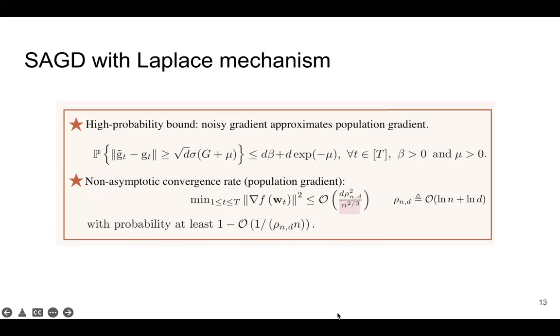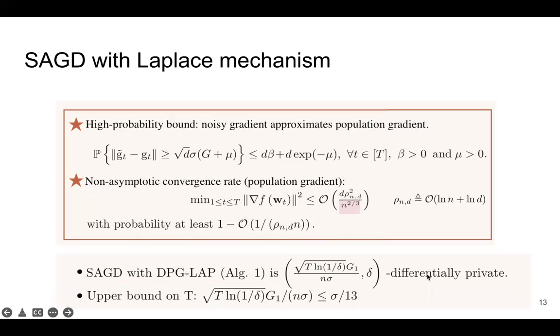And again, remember the upper bound of iteration t, right? In order to enforce this condition on the error, we need a restriction on the privacy budget, and we can solve this equation.